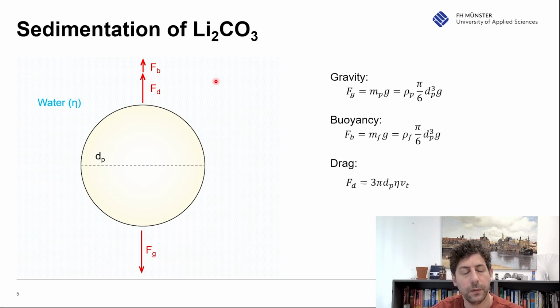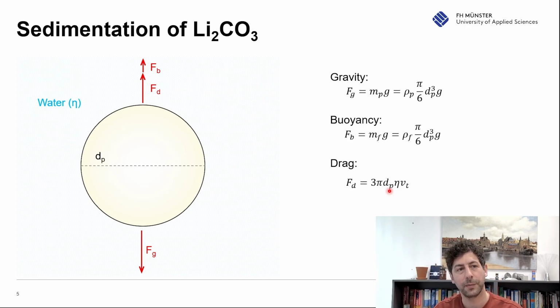We introduced 3 different forces: the gravity pulling down, the buoyancy acting against gravity, and the drag force acting against the movement of the particle. The drag force is given as a specific equation, and this is called the Stokes regime. In the Stokes regime we assume laminar flow, so the particles settle very slowly, that's the assumption.